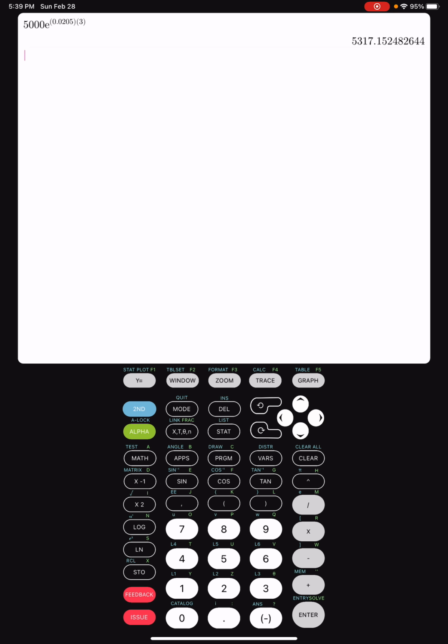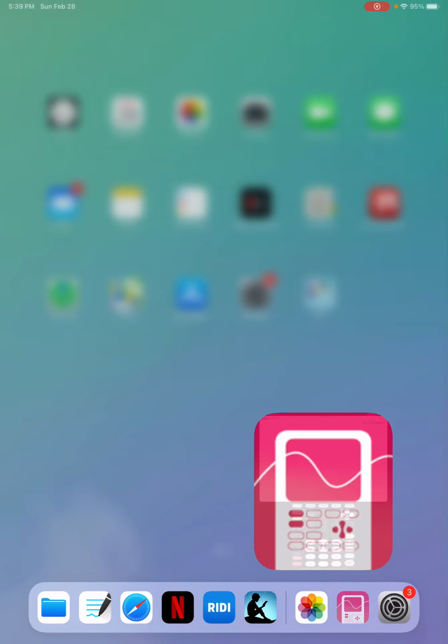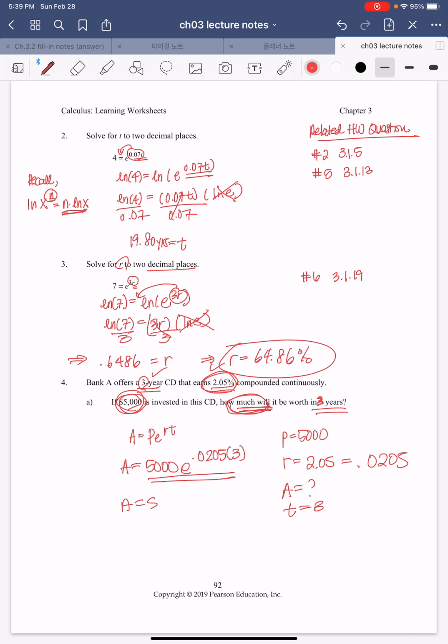So it looks like 5,000 initially started, but at the end it will be $5,317.15. Okay. $5,317.15 at the end after 3 years. Okay.